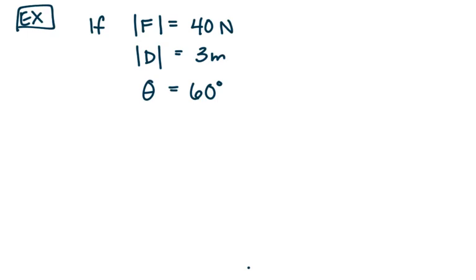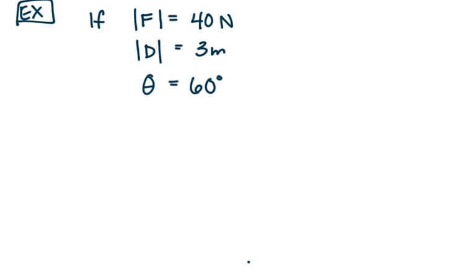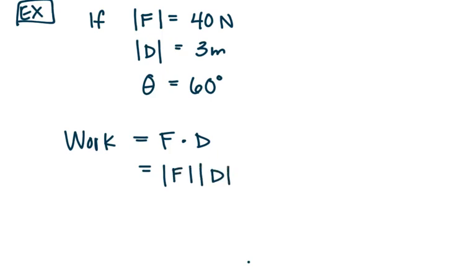And if we wanted to find the work done by the force F in acting from P to Q, in that movement across that 3 meter distance, then the work is F dot D, or rather the magnitude of F times the magnitude of D times the cosine of theta.